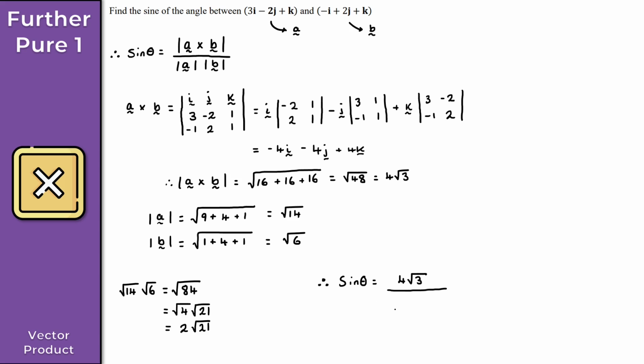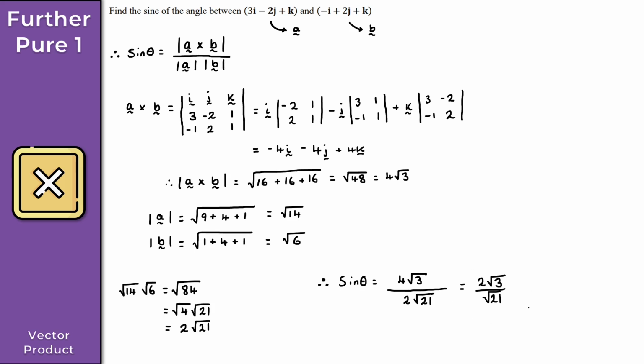So this is all over the magnitude of the vector A times by the magnitude of the vector B, which we've just evaluated, right? That is 2 root 21. Now clearly we can cancel down here. So what we get then is 2 root 3 all over the square root of 21. And in its current form, you could just leave your answer like this. This would be absolutely fine.